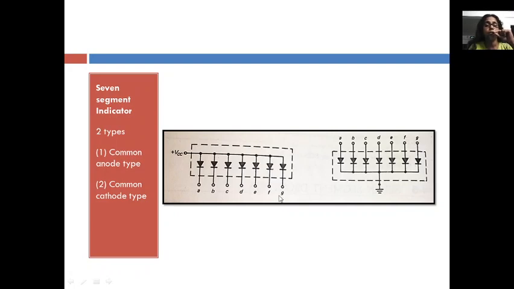In the case of common cathode type, the second figure, the negative terminal of the battery is common and is connected to ground. So these are the two ways in which a 7-segment indicator can be connected: common anode type and common cathode type.